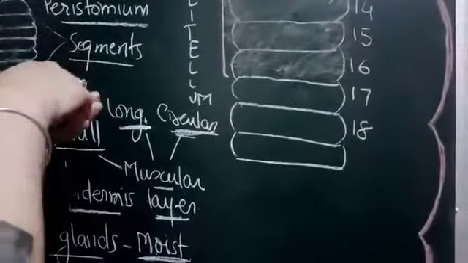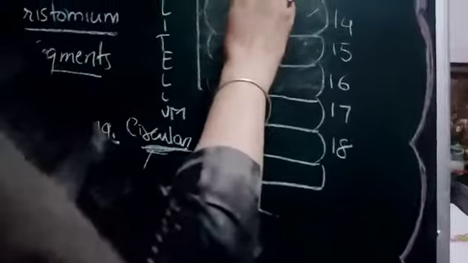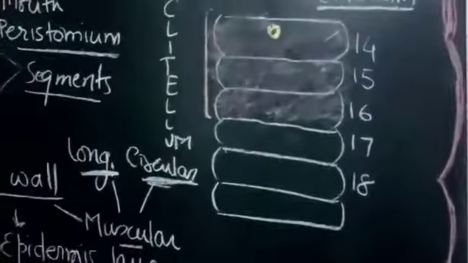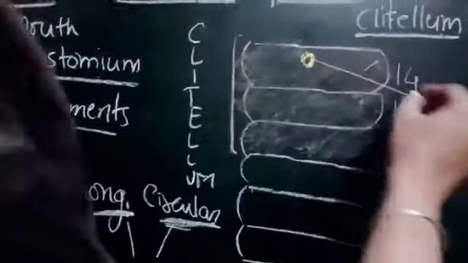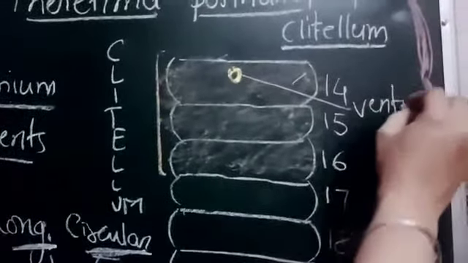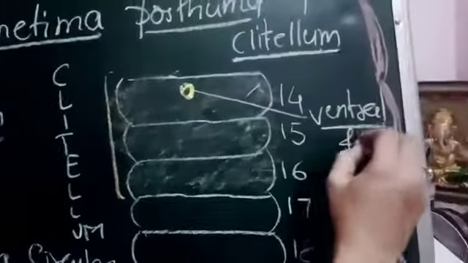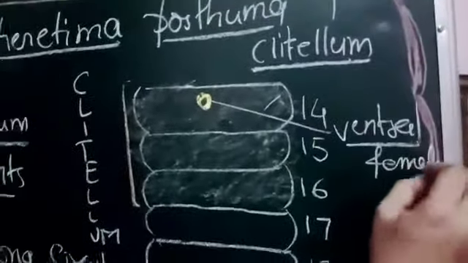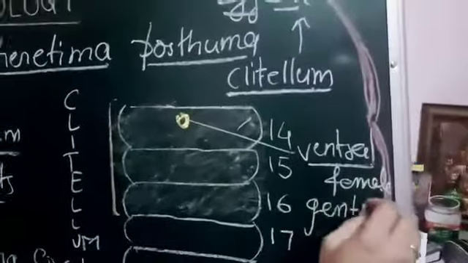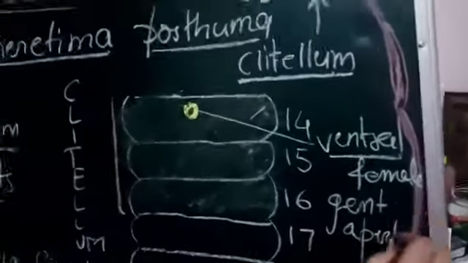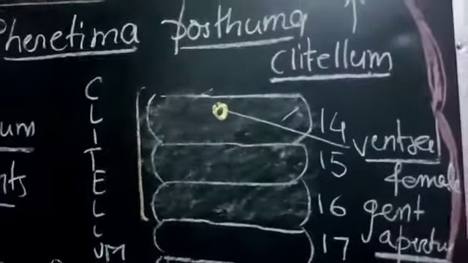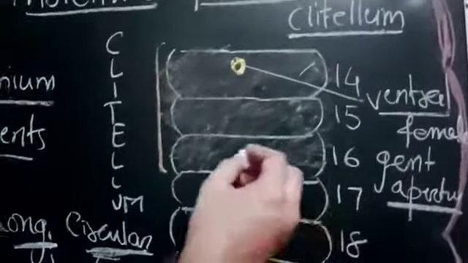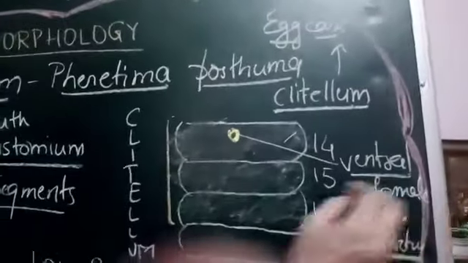In the center of the 14th segment, on the ventral side, is present an aperture called the ventral female genital aperture. Since these organisms are hermaphrodite, male and female sex organs are present within the same organism.